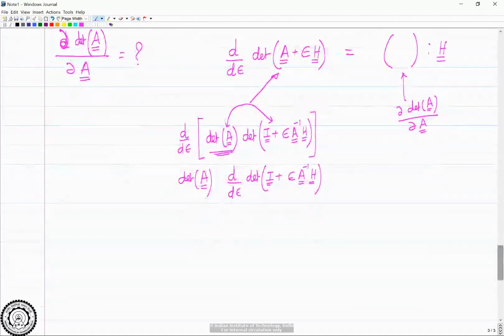Now I'm going to use what is called the Cayley-Hamilton theorem. Do you guys know what the Cayley-Hamilton theorem is? Some of you may have heard about it. It's a very nice theorem.